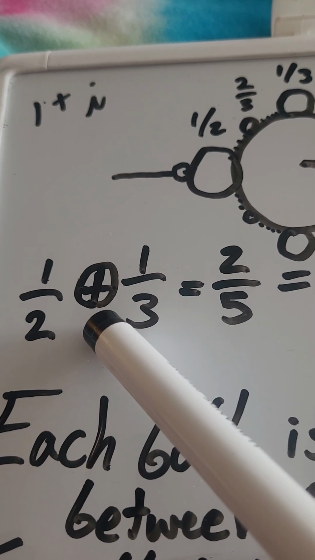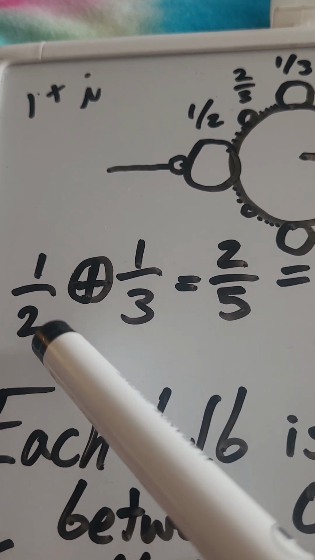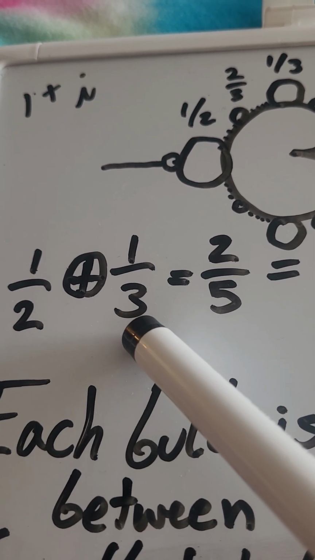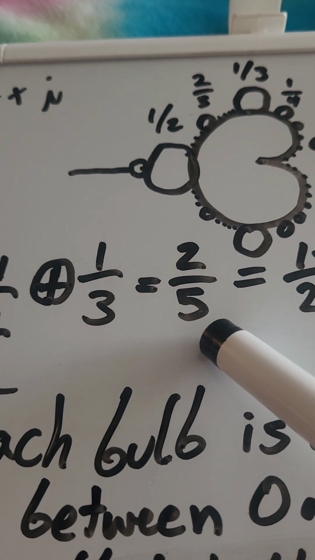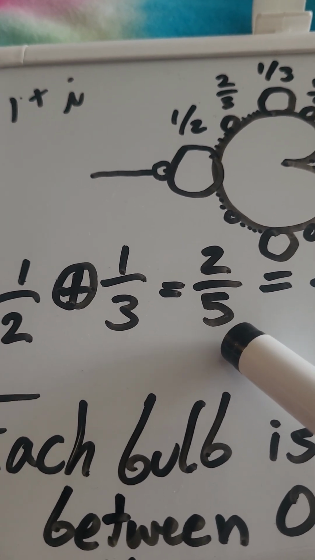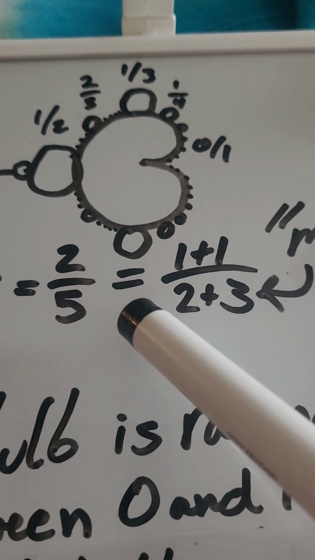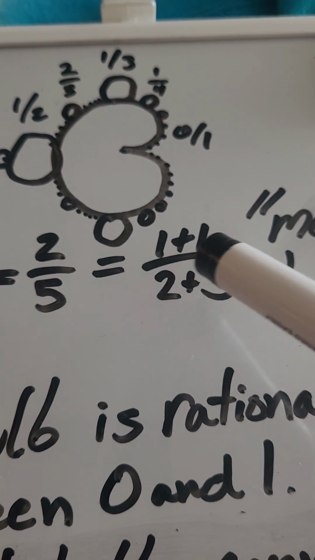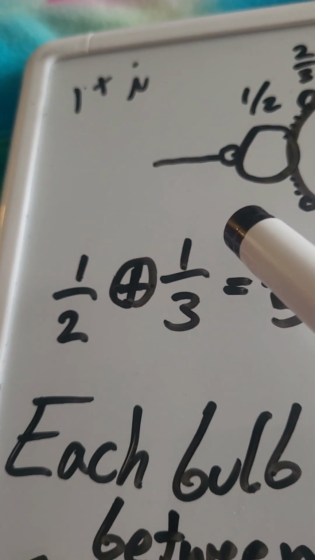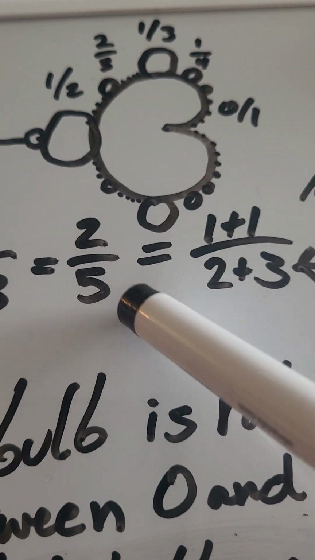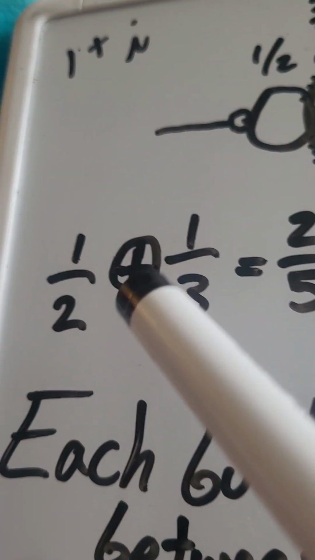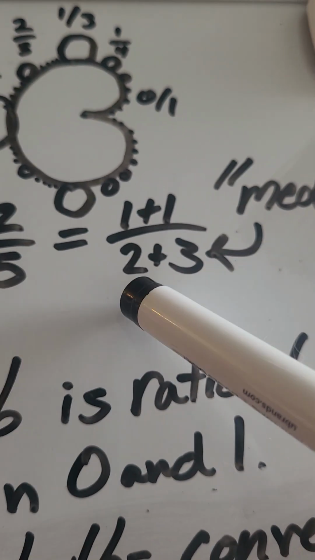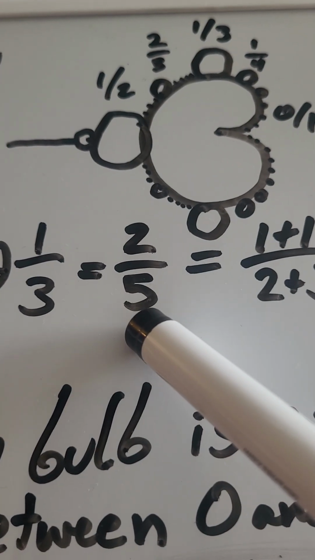So if I wanted to find the biggest bulb between the 1/2 and the 1/3, that would be the 2/5. So what I ended up doing is I just took 1 and I added the 1, right? 1 plus 1. And to get the 5, I just did 2 plus 3, right? So that's all you have to do.